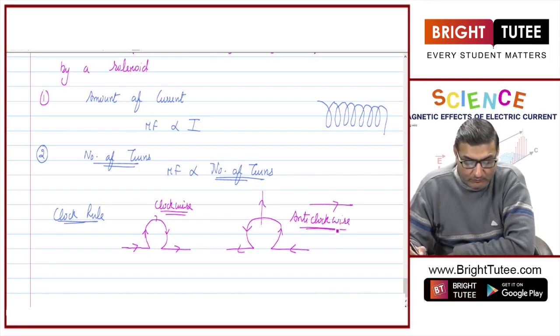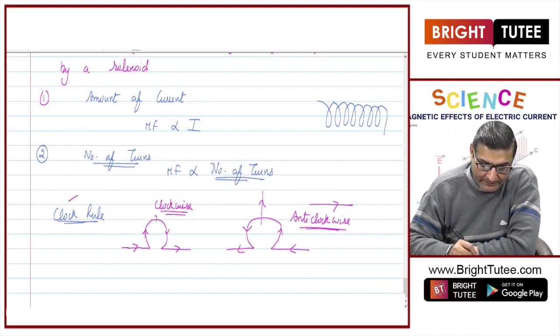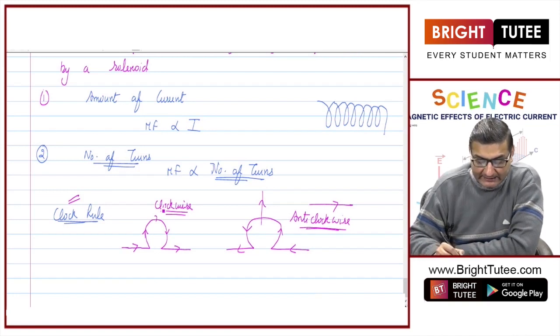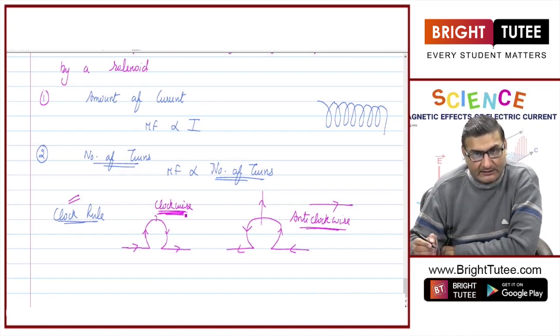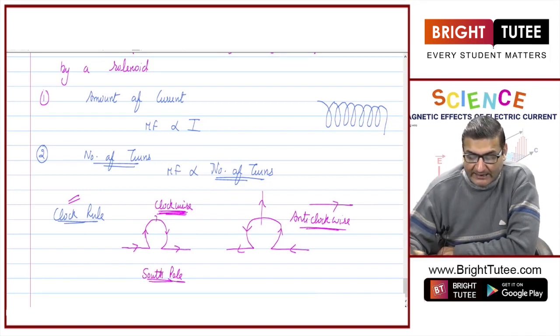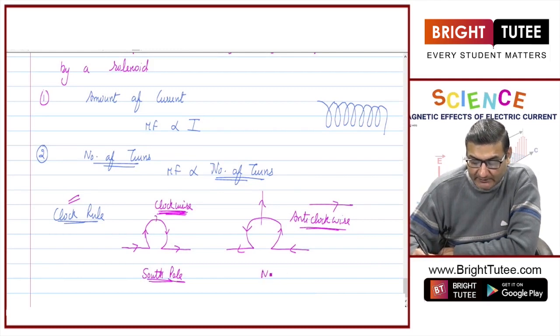If I want to know this particular front face of this wire, which particular pole it will be, north pole or south pole, that is found out by the clock rule. Now what did this clock rule say? That if this particular current is going in the clockwise direction, then the south pole will be seen in the face of the wire, and if it is anti-clockwise, it will be the north pole.